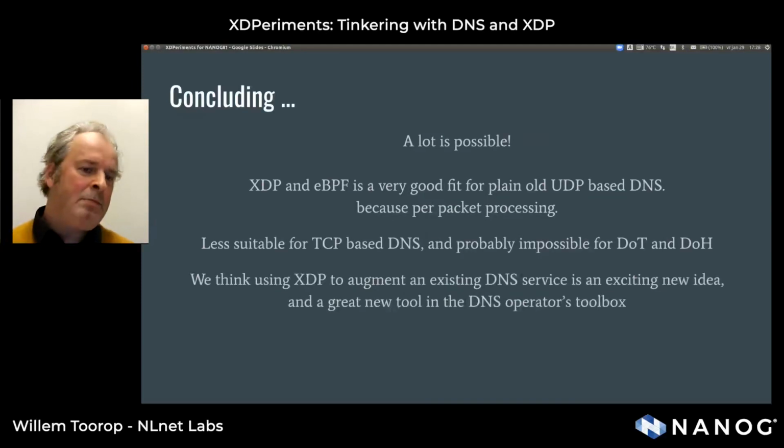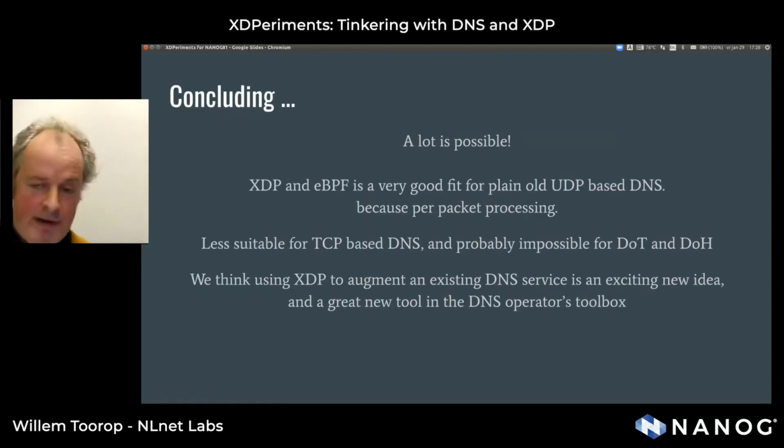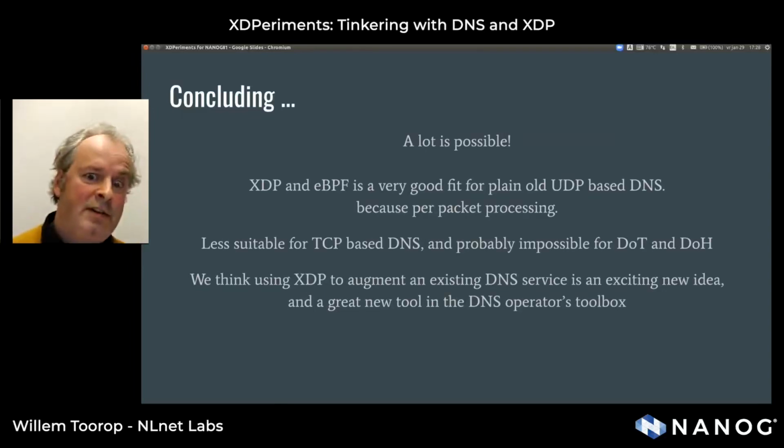It will be much less suitable for TCP-based DNS and probably impossible for DNS over TLS or DoH, because you have to parse the packets at the XDP layer. And we think that using XDP to augment the existing DNS service is an exciting new idea and a great new tool in the DNS operators' toolbox.